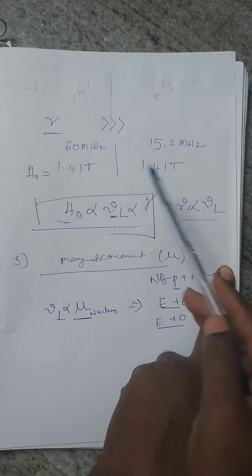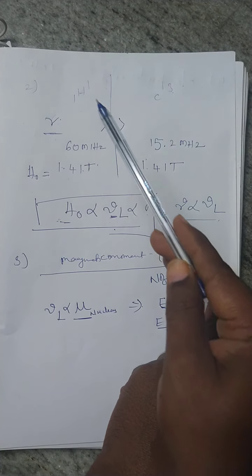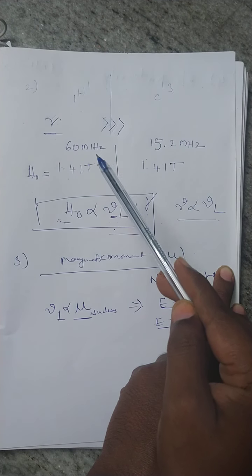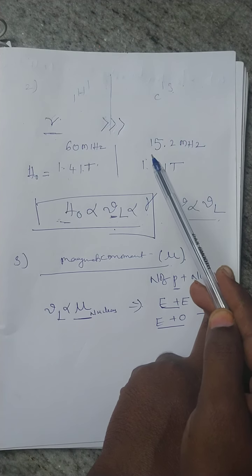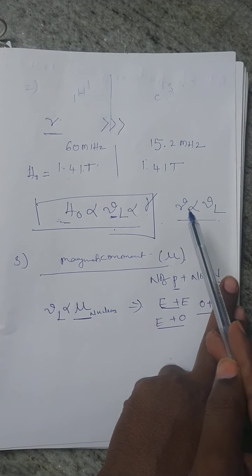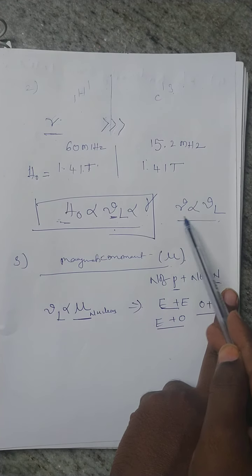See, both are experiencing the same external magnetic field, but the proton nucleus spins with a 60 megahertz Larmor frequency, while carbon-13 spins with 15.2 megahertz. See, so the Larmor frequency directly depends upon the gamma value.